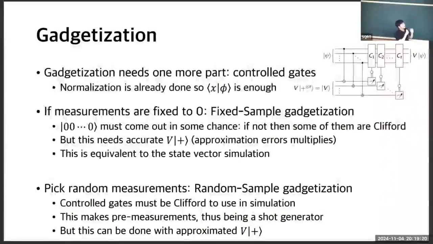But this gives the non-Clifford gates one condition, because the C1 to CT have to be Clifford. So for V, they have to be like a third Clifford state, which makes G dagger Clifford here for Pauli gate U.